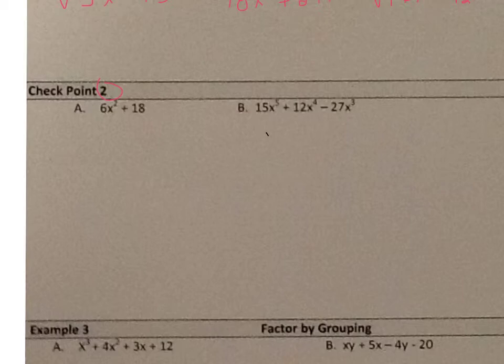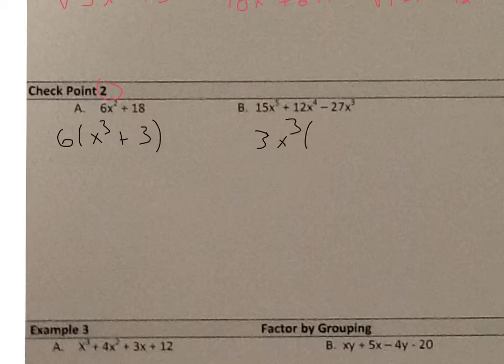You get 6 times x squared plus 3. That's our answer. For B, you had to factor 15x to the 5th plus 12x to the 4th minus 27x cubed. And we get 3x cubed times 5x squared plus 4x minus 9.